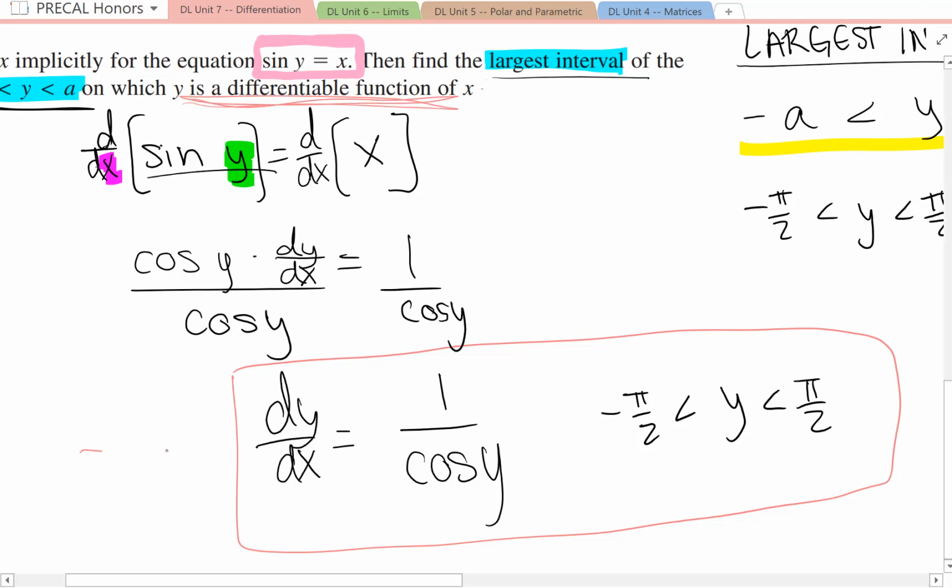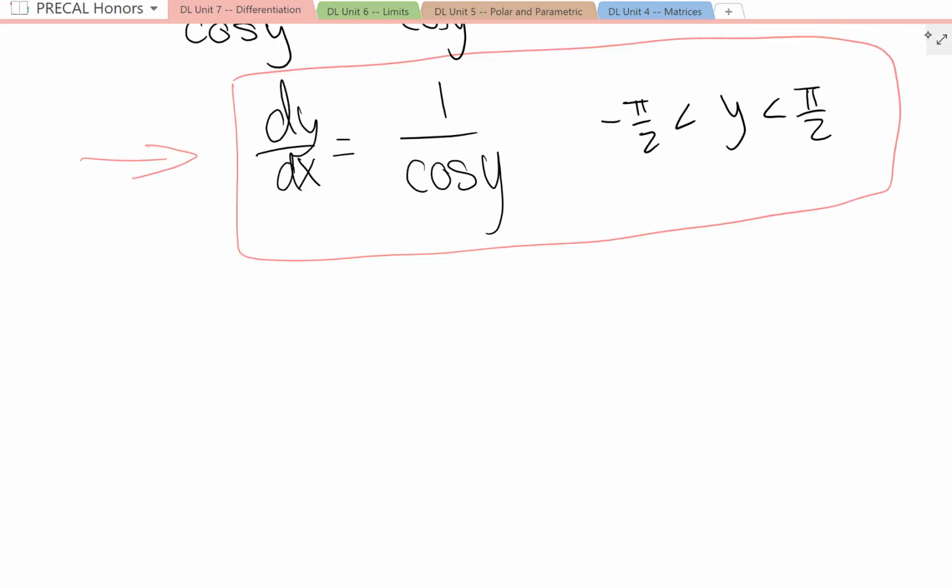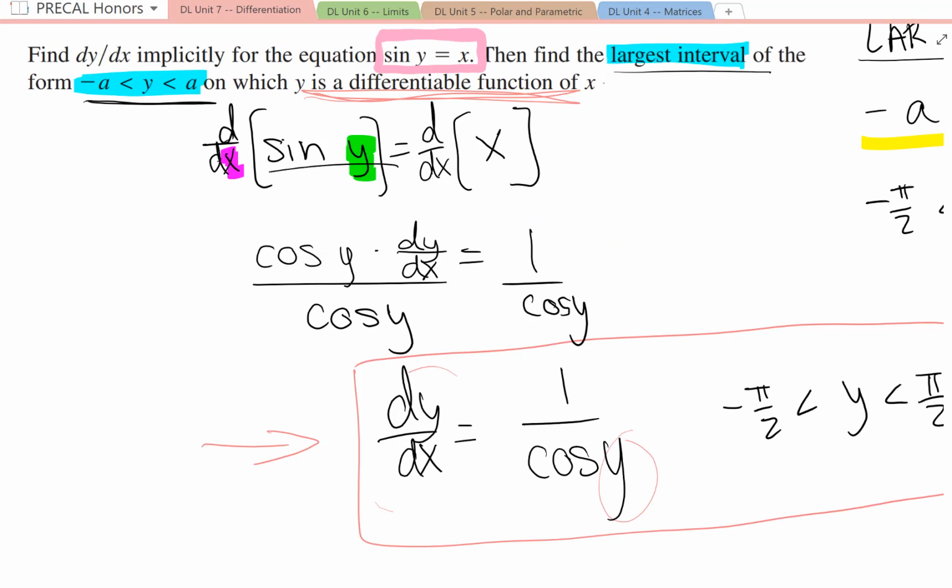Is there a way that you can write this derivative explicitly so that y is not a part of your dy dx derivative? To do that, we need to remind ourselves of any special relationships that we have found thus far or been given.